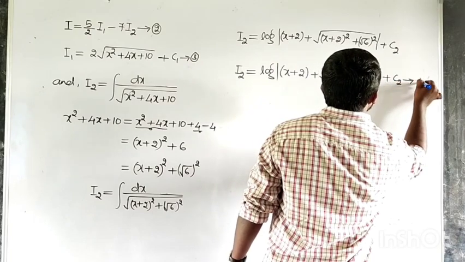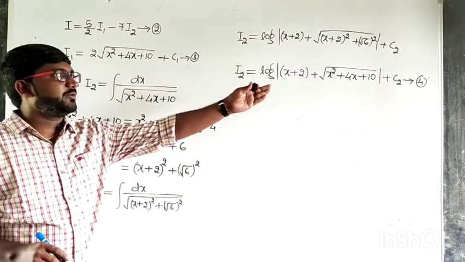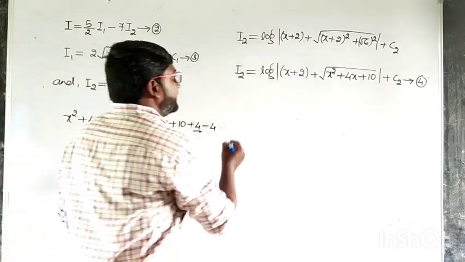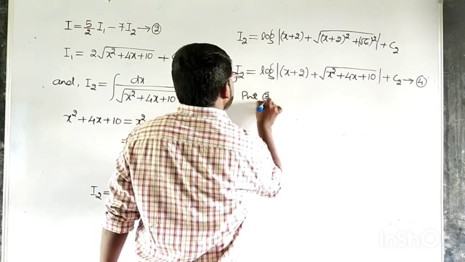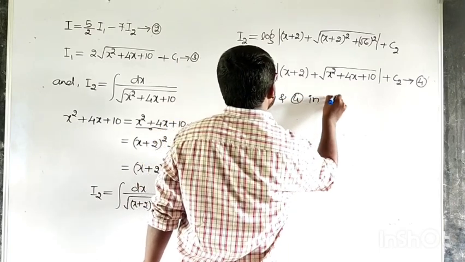I call this equation number 4. Now we will have to substitute 3 and 4 in equation number 2 to get the value of the integral I. So put 3 and 4 in 2.